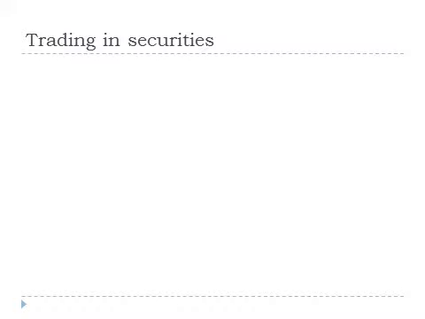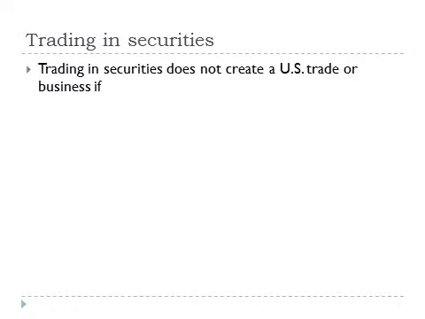Another statute regarding the existence of a trade or business relates to securities trading. Under Section 864, when a foreign person's activities in the United States involve trading in securities or commodities, then there is no U.S. trade or business if the person trades through a resident agent, custodian, or independent agent, assuming the person has no U.S. office through which the trades are directed.